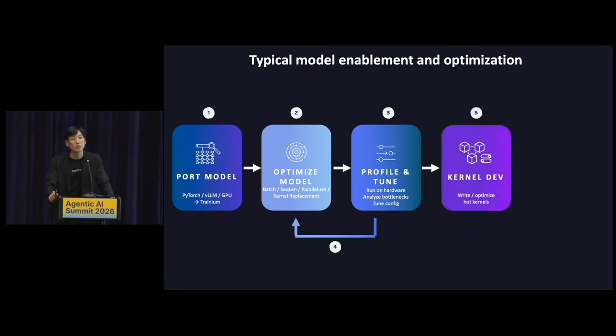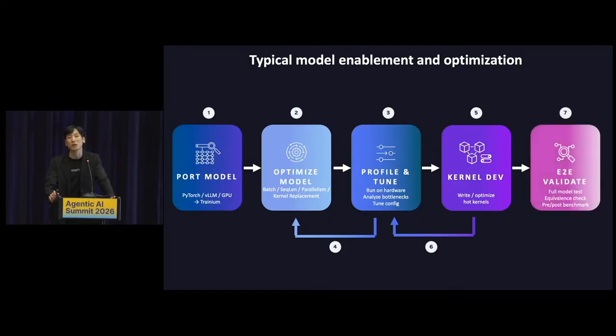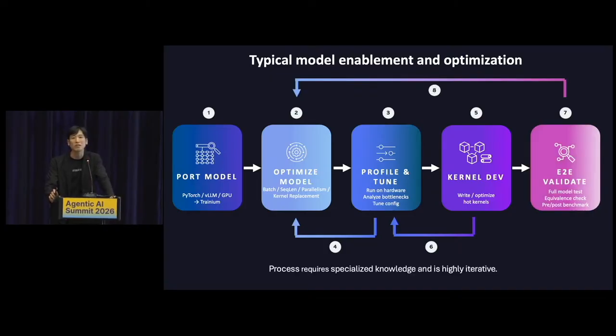So then you drop into kernel development. Think of kernels just as custom functions that let you unlock more performance on hardware. Again, you tune those, you profile, and you have that second loop. But you're not done yet. Once that kernel is optimized, you need to do end-to-end model evaluation as well, just to make sure it works. And now you complete yet another loop. So you can see this is a multi-layer, multi-variable optimization problem, very well suited for looping.